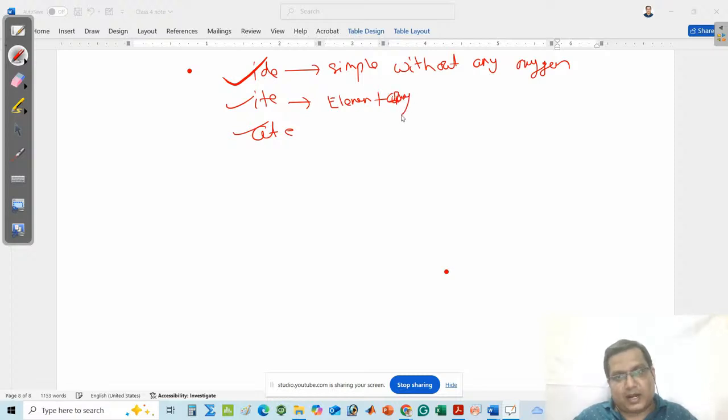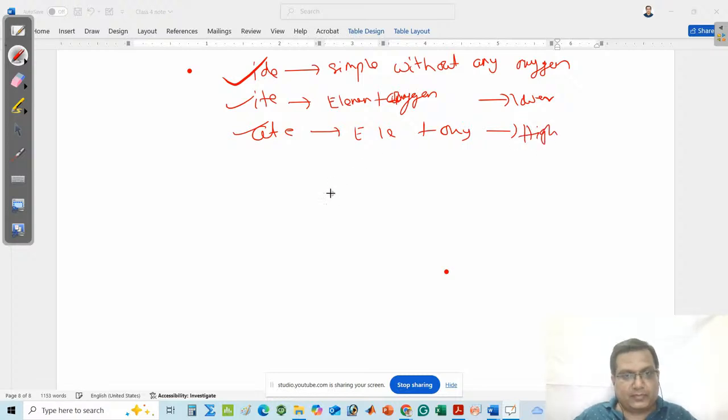Remember, I will give you an example, then you can clearly understand. It is also element plus oxygen. But remember, here you can think about the lower number of oxygen. Here you can think about the higher number of oxygen. Let me explain.